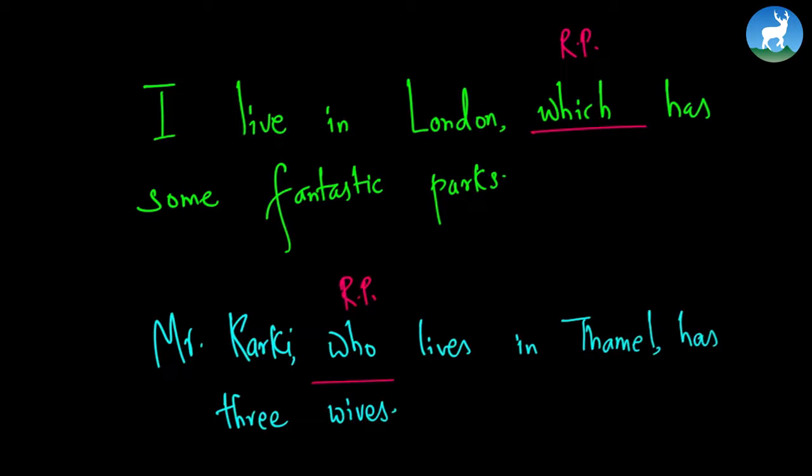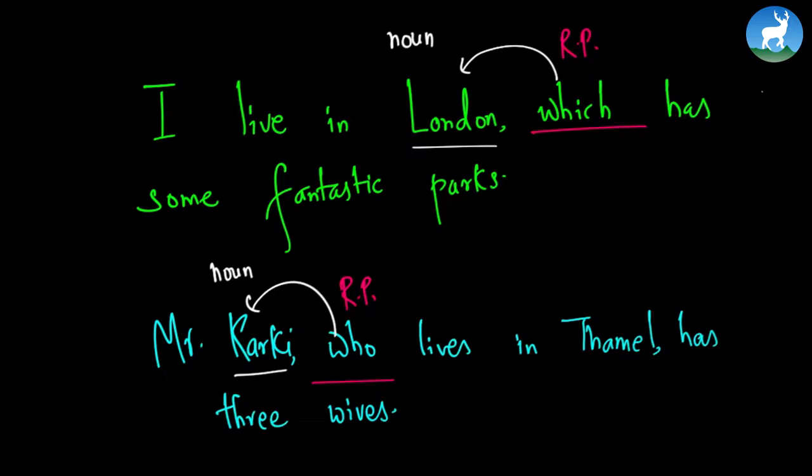What are these relative pronouns doing? This one is defining the place, the noun that precedes. And this one is defining a person, the noun that precedes. But something is different. These relative clauses give us extra information about something. We don't need this information to understand the sentence, do we?